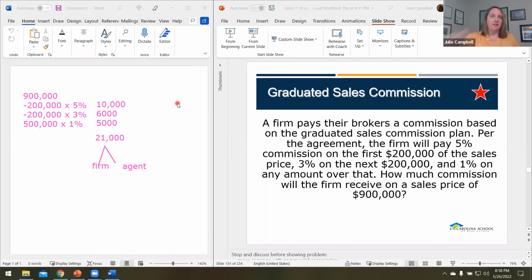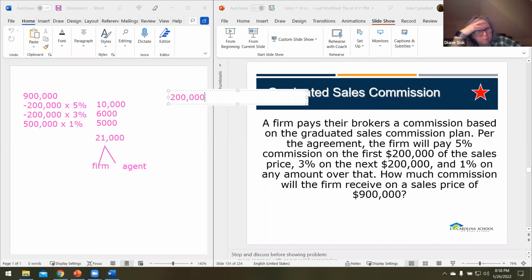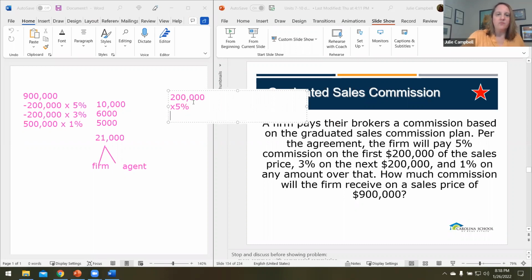Let's pretend for a second. What if the sales price was $200,000? How much commission are you going to get? So the first 200 is at 5%. So if it was 200,000, then you would get a commission of $10,000.